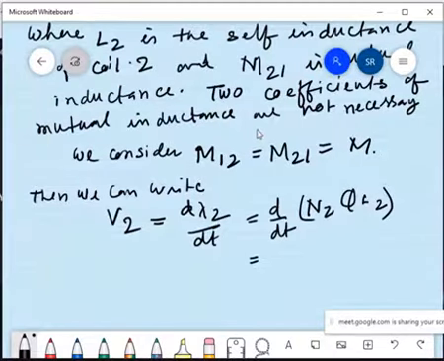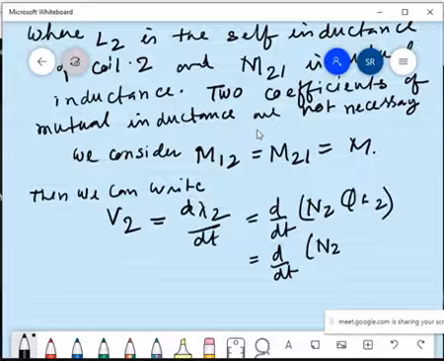Phi L2 means flux produced by the inductance L2. So this one is equal to d/dt of N2 phi 22 plus N2 phi 21.